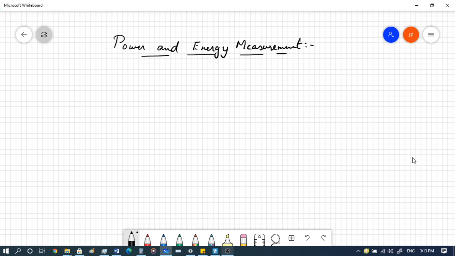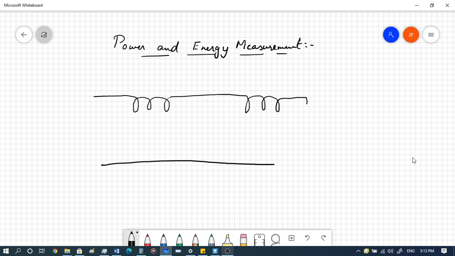So here we have seen that in an electrodynamic instrument we have two fixed coils. Let's say these two are fixed coils, and we have a rotating coil as well, right?